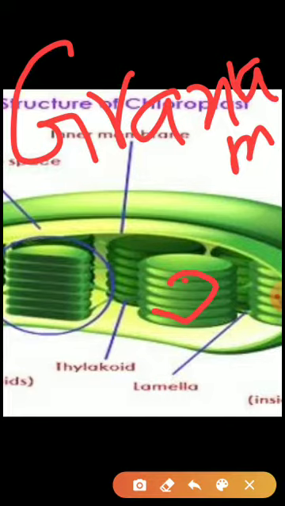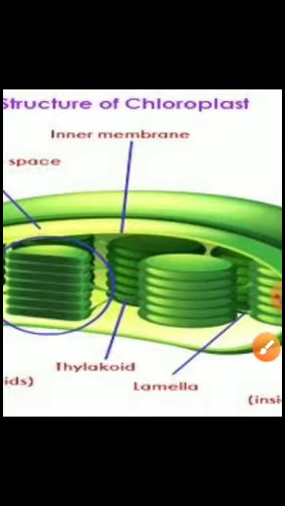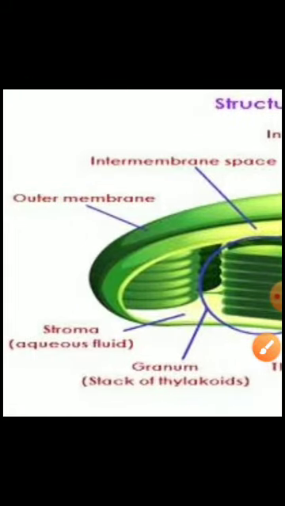So dear students, these grana are connected together by this lamellae. This is lamella, and this all lamella and grana are dipped into a fluid like structure, and that fluid is called stroma.